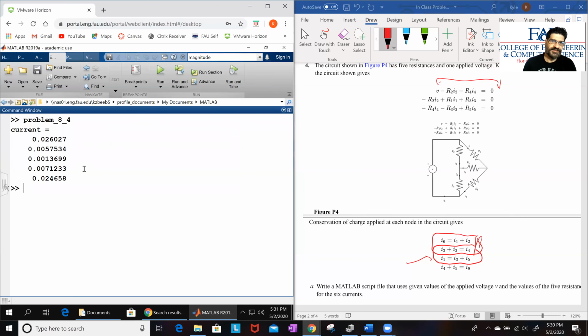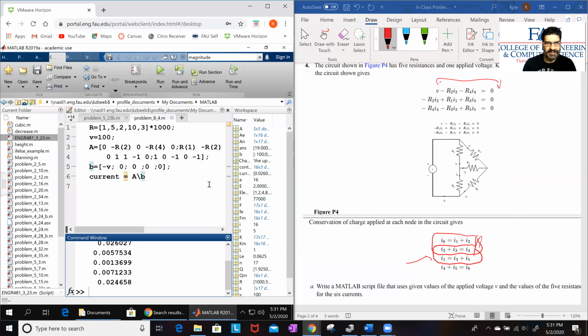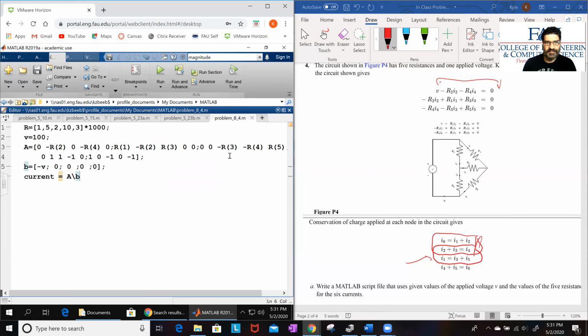So if you look at this one, it will have these currents. Somehow I get a different answer. Let me just make sure I put everything the correct way. So 1, 5, 2, 10. Okay, here we go. This is 5 in here.